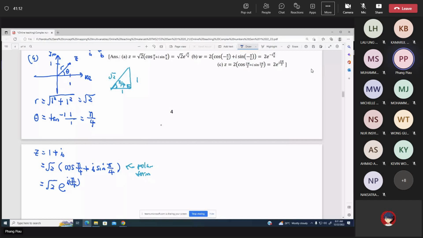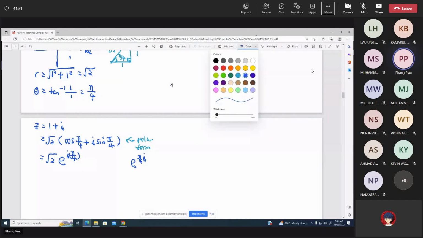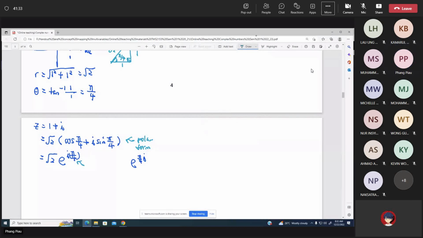Of course you can put pi over 4 i, if you want to write it this way, it's the same thing. So this is known as the exponential form.